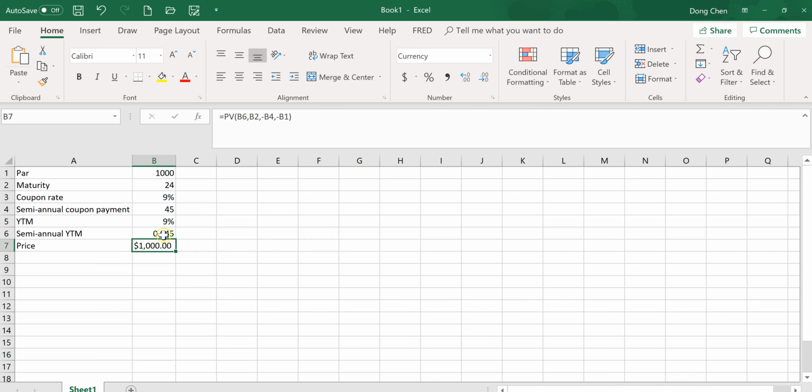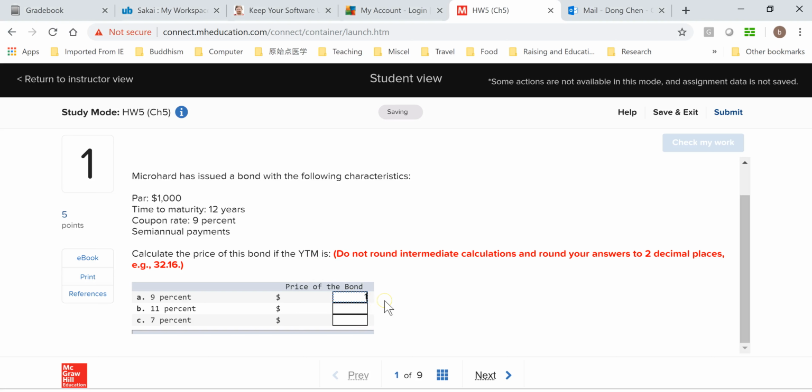The semi-annual YTM is 4.5%, which is exactly equal to the semi-annual coupon rate, 4.5%. Hence, the price in this case will be exactly equal to the par value. So that's the first number we need to input, 1,000.